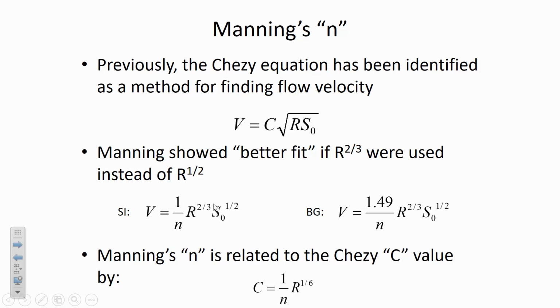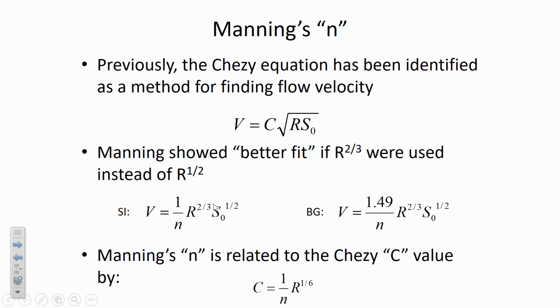Now, we can combine terms inside the hydraulic radius. Remember, the hydraulic radius is the area divided by the wetted perimeter. And so sometimes the textbook and I will combine the area in the hydraulic radius this way: area to the 2/3, slope to the 1/2, and then wetted perimeter to the 2/3.